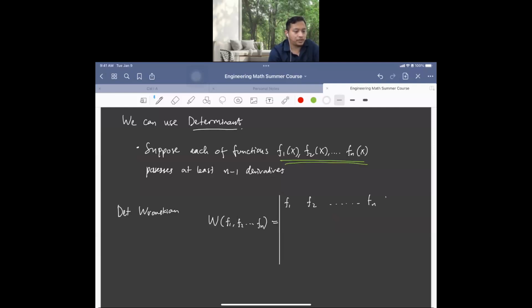This is f1, f2, fn, and then f1 prime, f2 prime, fn prime. So we can set up a determinant that consists of a function, its derivative, its second derivative, until some nth derivative.